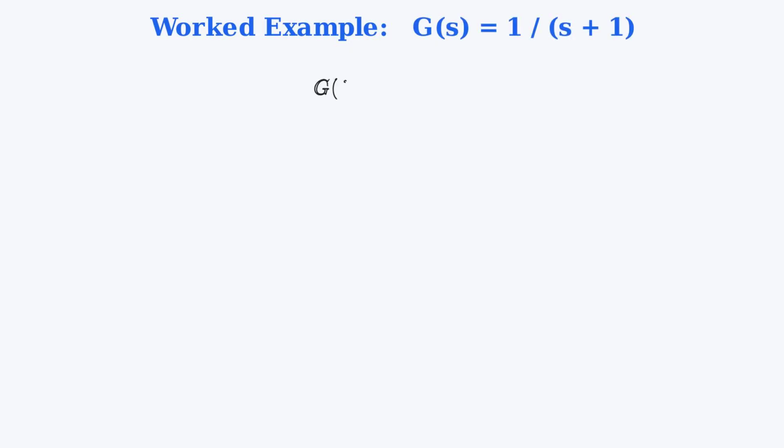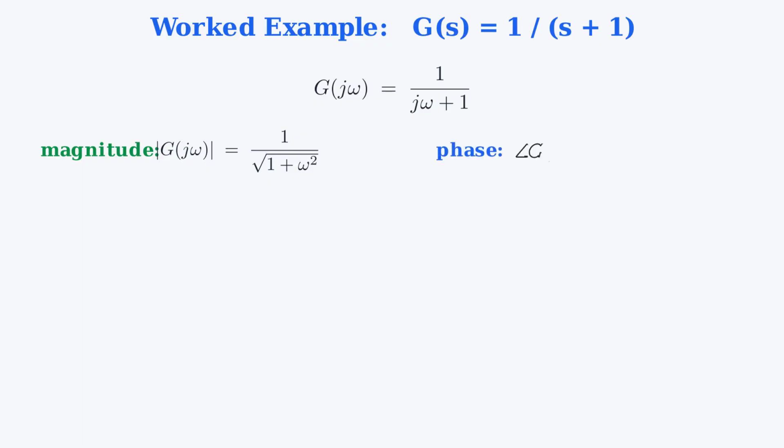Worked example. Take g of s equals 1 over s plus 1, a simple first-order low-pass filter. Substitute s equals j omega. Get g of j omega equals 1 over j omega plus 1. To find the magnitude, multiply numerator and denominator by the complex conjugate or use the rule directly.